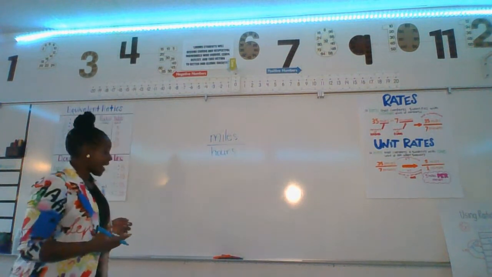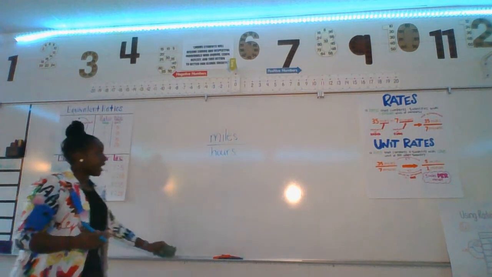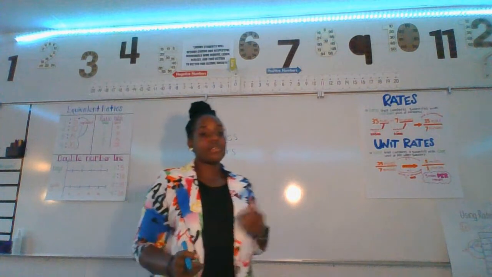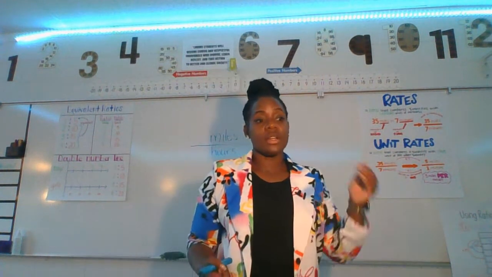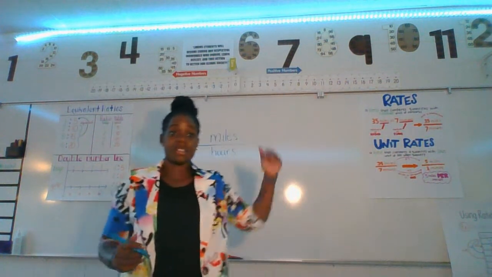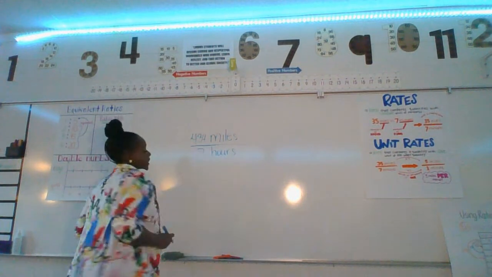Now we can go ahead and put the numbers associated with the miles and the hours. They said that the ratio of miles to hours is 434 to 7. They went in the order that they talked about, miles to hours, so 434 would go first, and then we would have 7 hours.